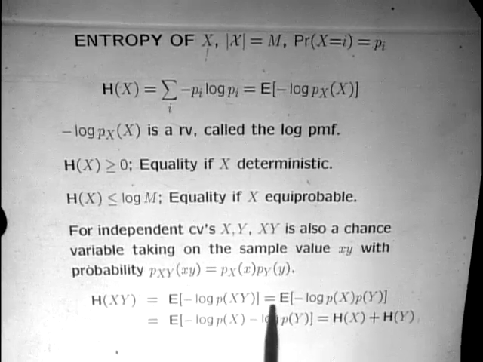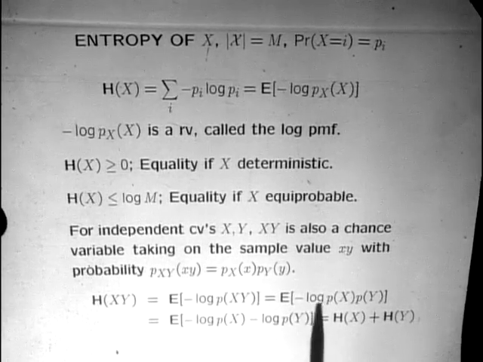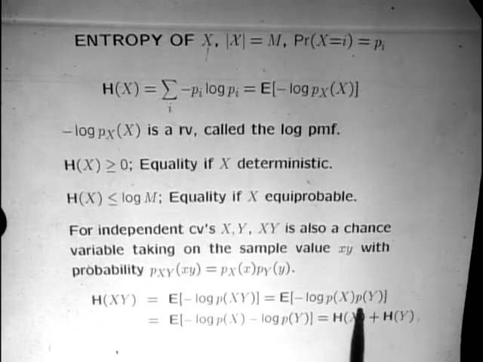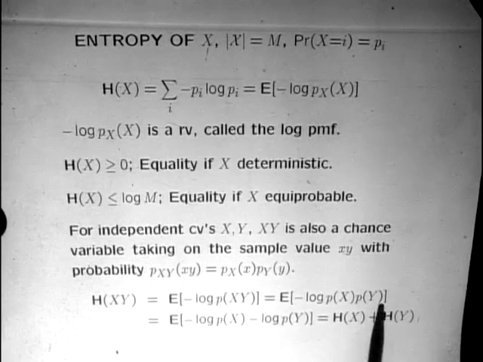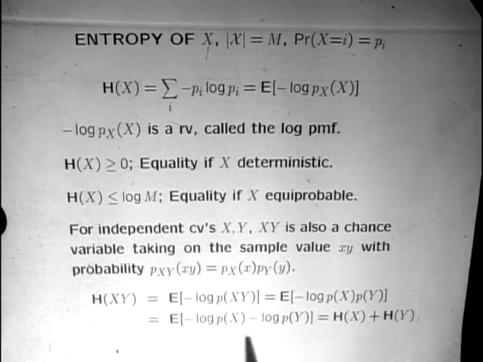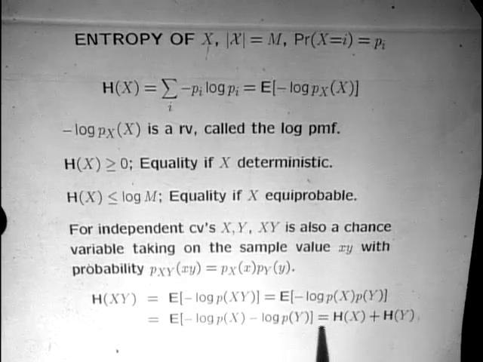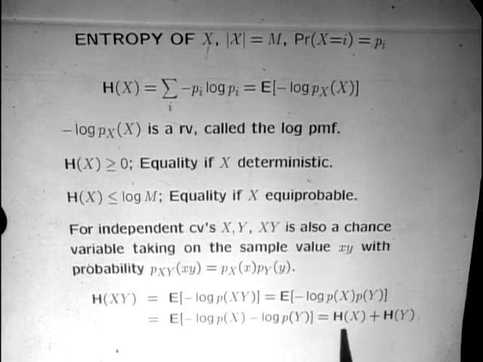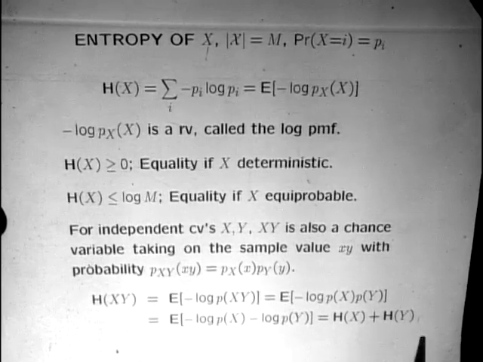This is the expected value of minus the logarithm of p of x times p of y. Since they're independent of each other, it's the sum, and that gives you h of xy is equal to h of x plus h of y.